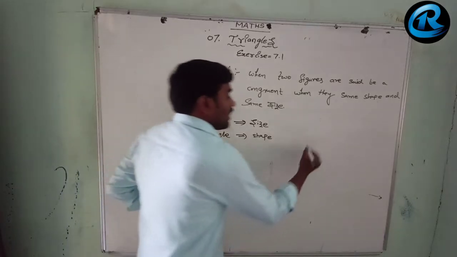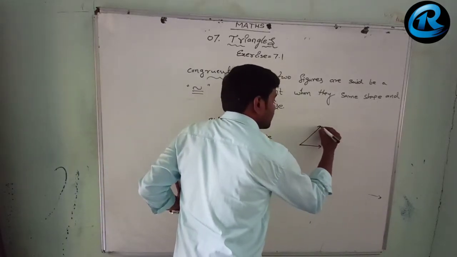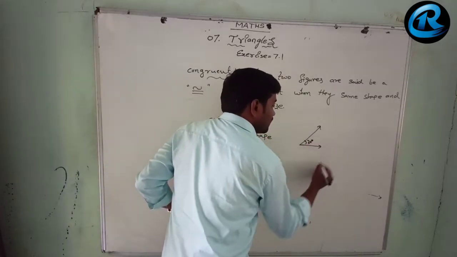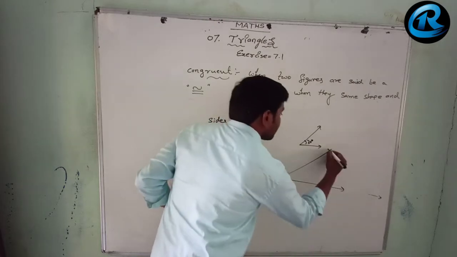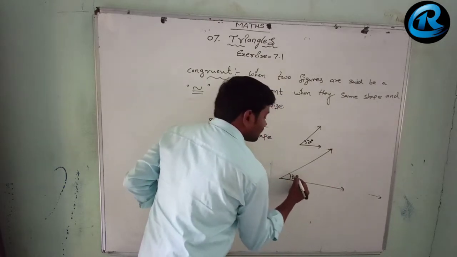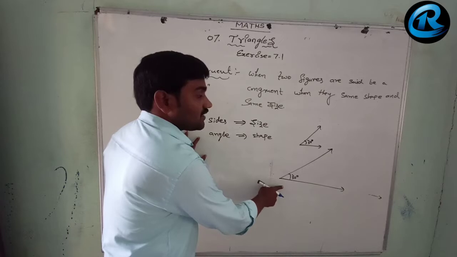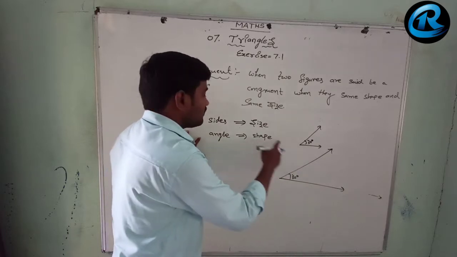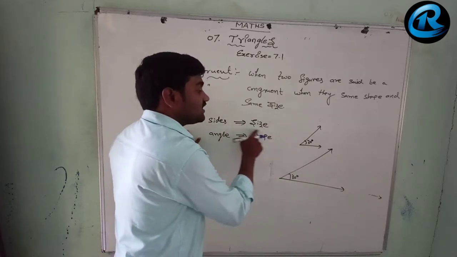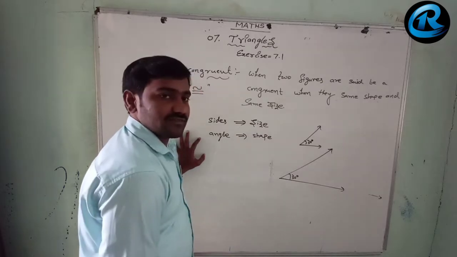The same 30 degrees angle we can make with a small size like this, and the 30 degrees angle we can make a bit bigger like this. So angle will decide the shape, sides will decide the size.